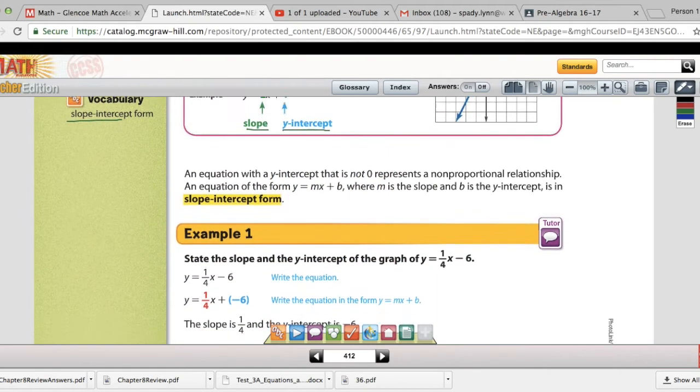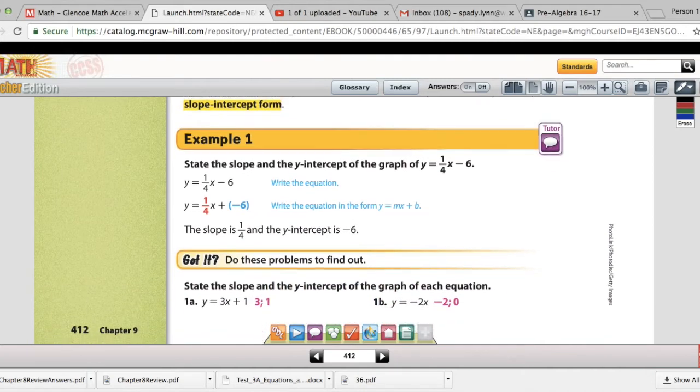So at the bottom of page 412, it says state the slope and the y-intercept. Well, if it's written in this really handy-dandy format, it's super easy to identify the slope and the y-intercept. The slope, it's what's in front of the x, called the coefficient of x, right? And so in 1a, 3 is the slope.